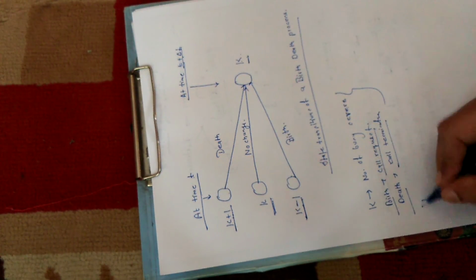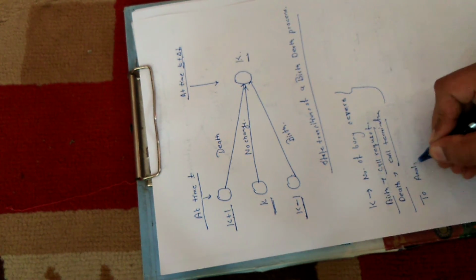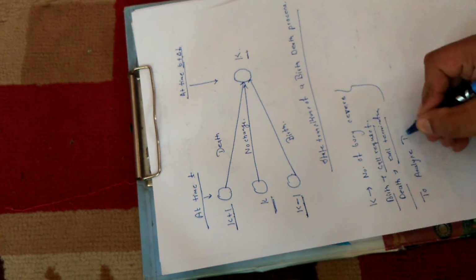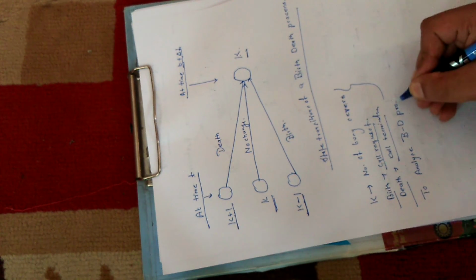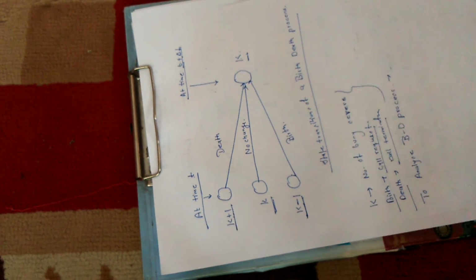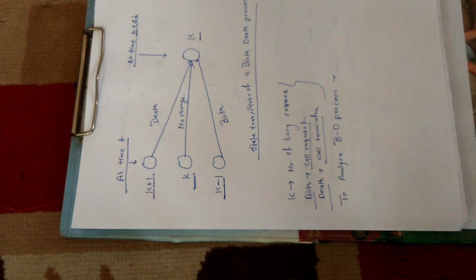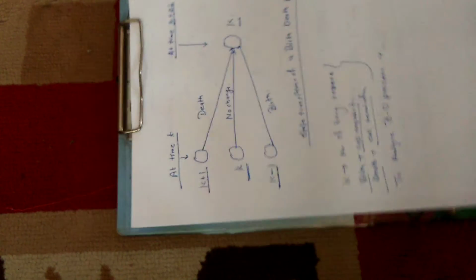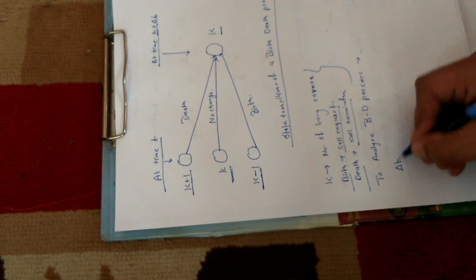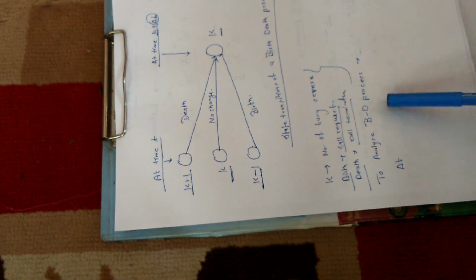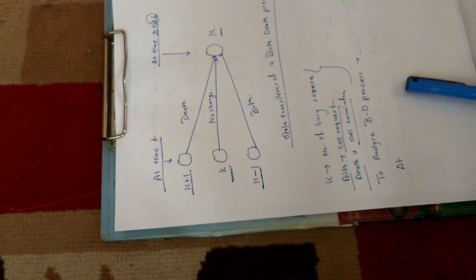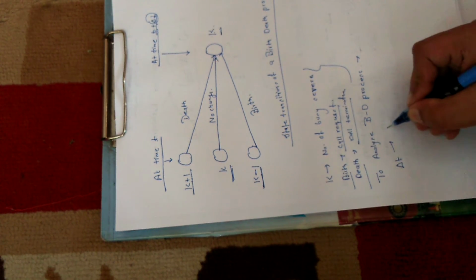Now we analyze this birth death process. To analyze it, first of all, we assume that the observation time period del t is very small.